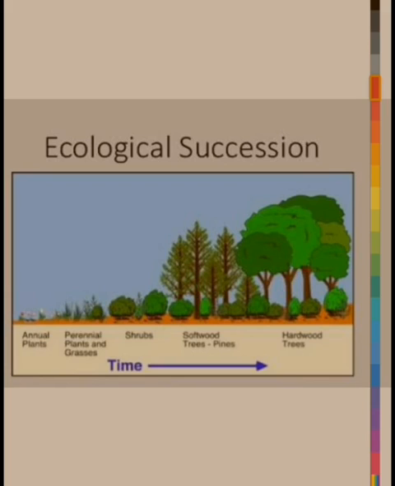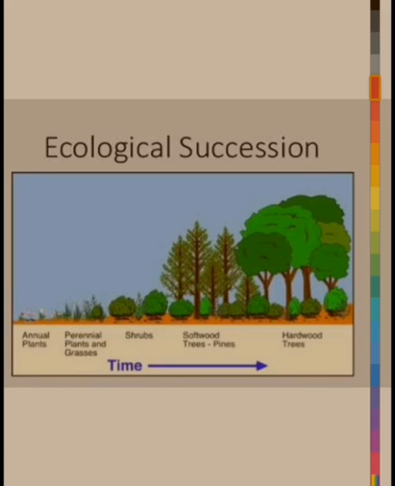Now moving on to another term which is known as sere. What is sere? The different stages of an ecological succession through which the change takes place slowly are known as sere, or transitional community, or seral community.